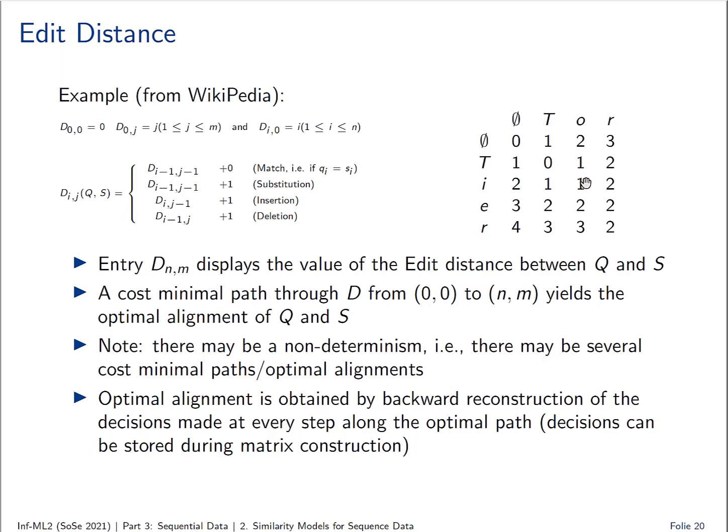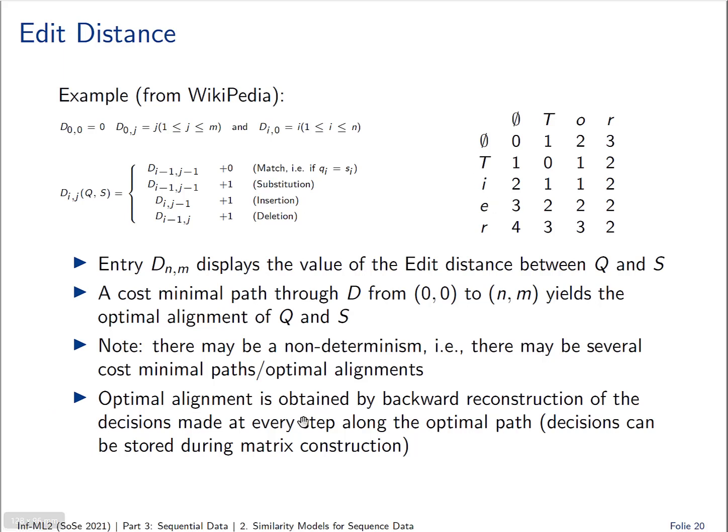So the number of edit operations remains the same. We can replace O by I and the placeholder, so insert E, or we can insert I and replace O by E. So that is the same, and that is this non-determinism in that example here. So there may be several of those cost minimal paths representing all the different optimal alignments.